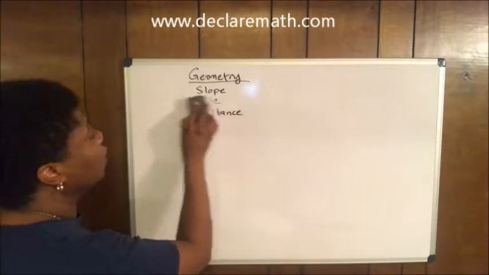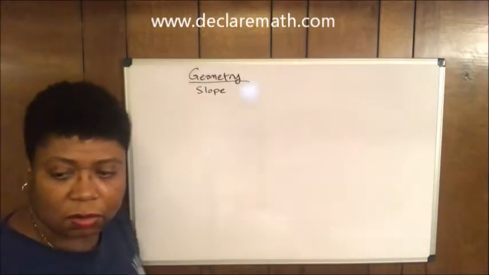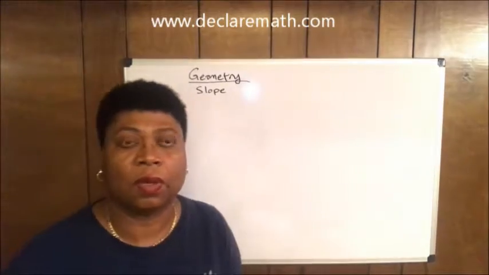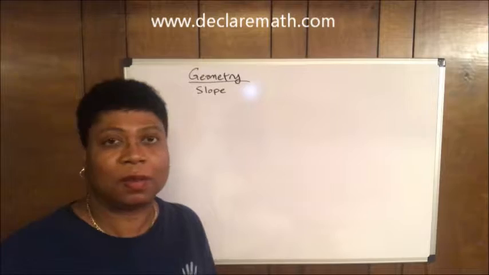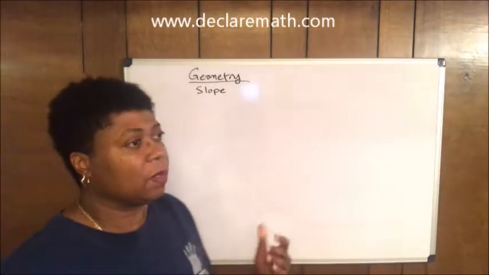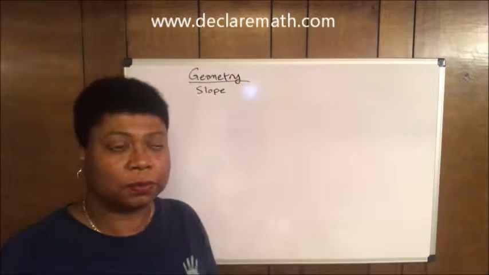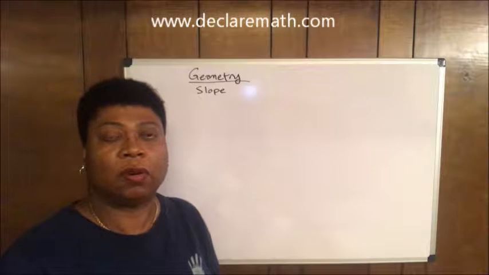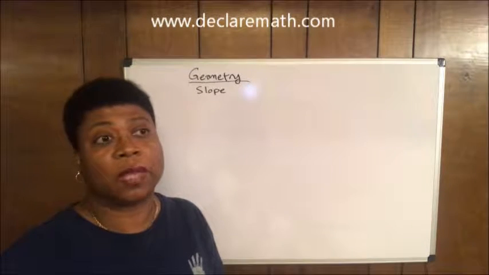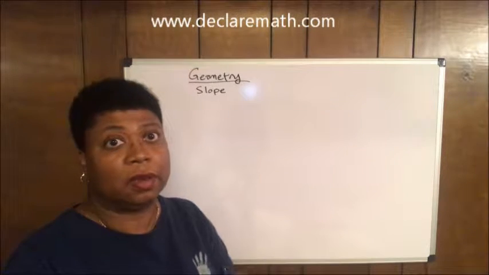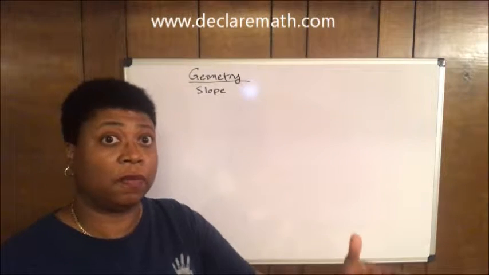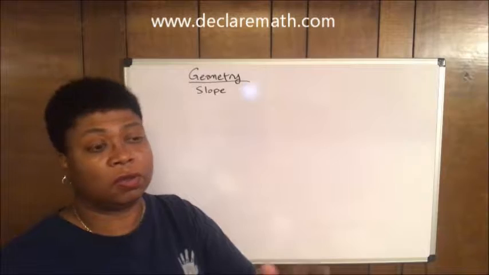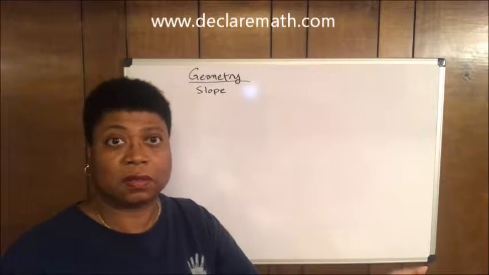We're going to begin by talking about slope. So what is slope? Usually when we think about slope, we think of an incline or like a hill. If you're going up a hill, notice as you go up, you get further and further off the ground, and you also get further and further in distance.